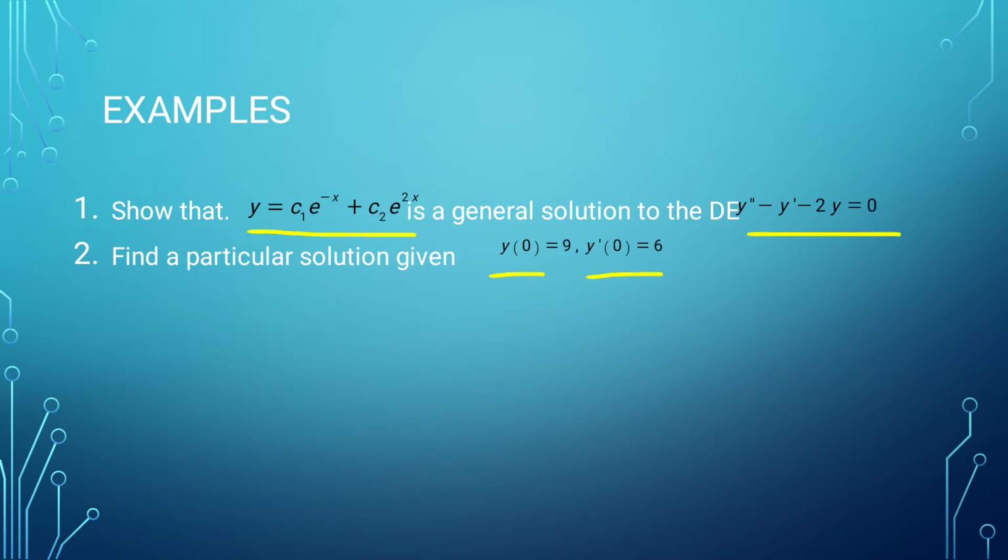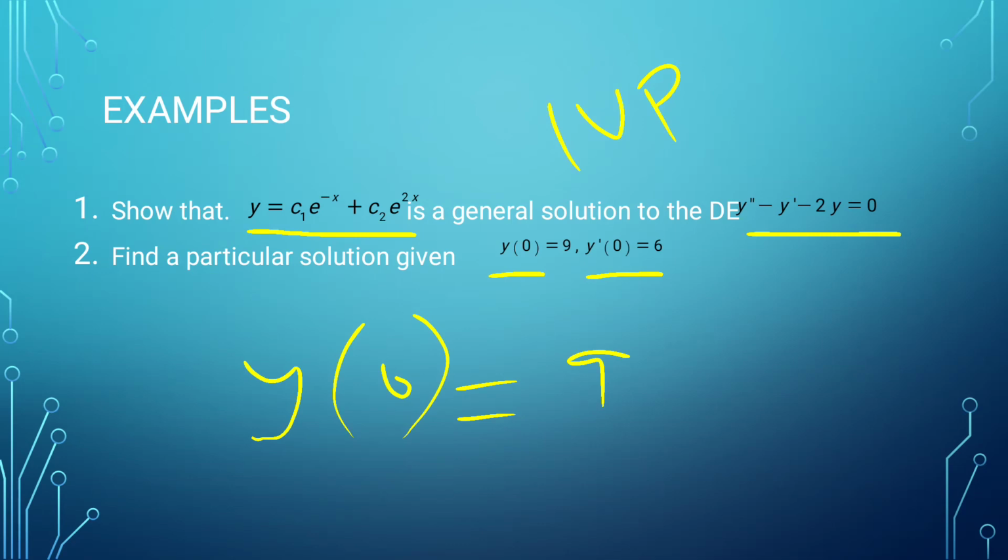This is now an initial value problem, because the value given here is only one. So if we talk about y of 0 given as 6, it means in this case our x is equal to 0 and y is equal to 6.